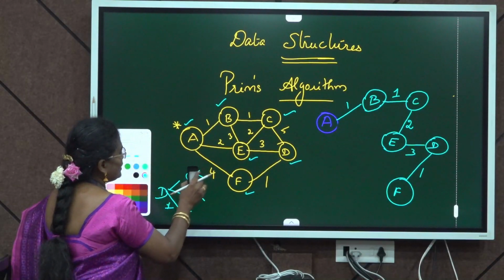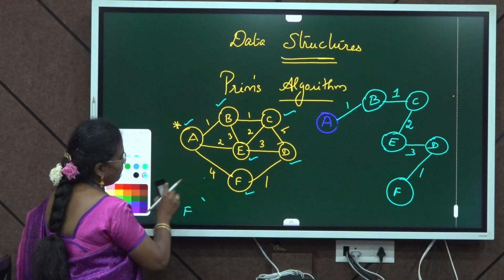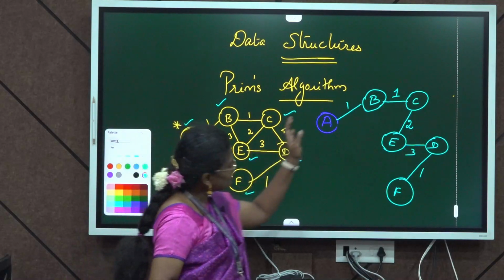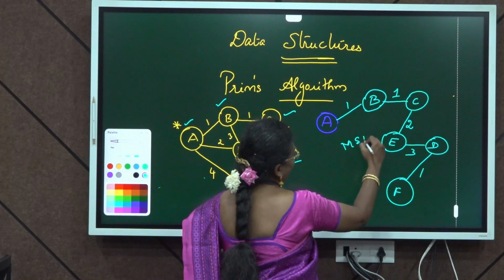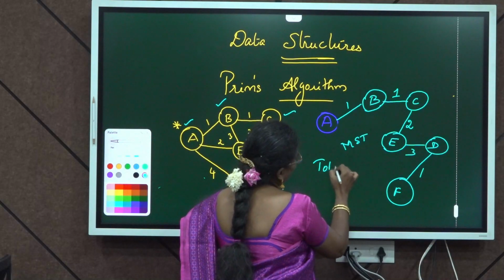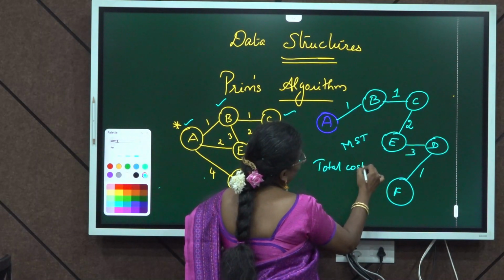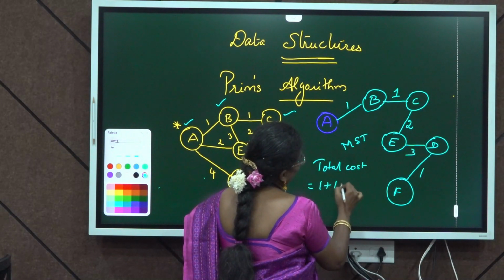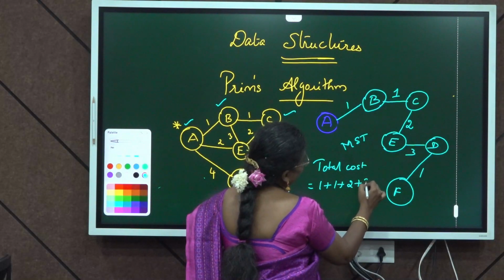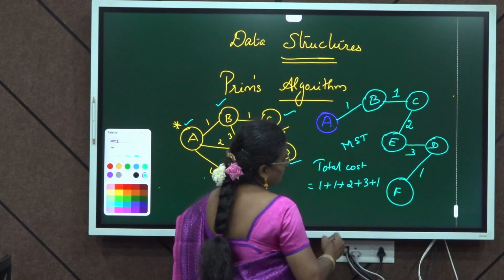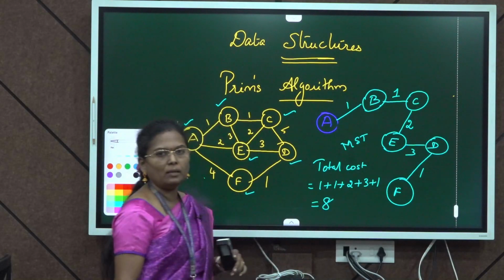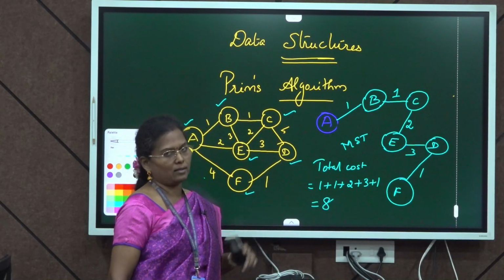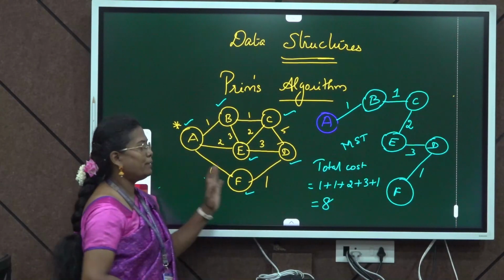So, with this specific graph, we have obtained this specific tree, the minimum spanning tree. Calculating the total cost of this tree will be 1 plus 1 plus 2 plus 3 plus 1. So, it is 5, 6, 7, 8. So, 8 is the minimum spanning tree cost, fine. So, this is how Prim's algorithm works.